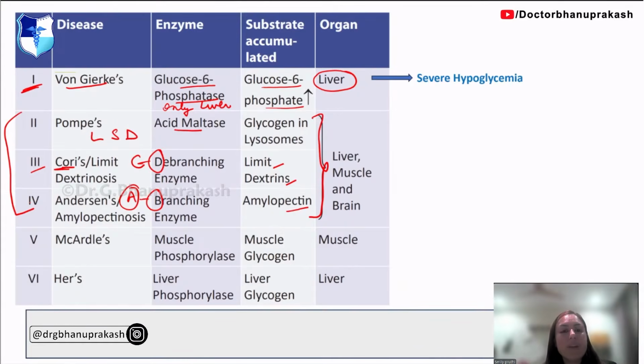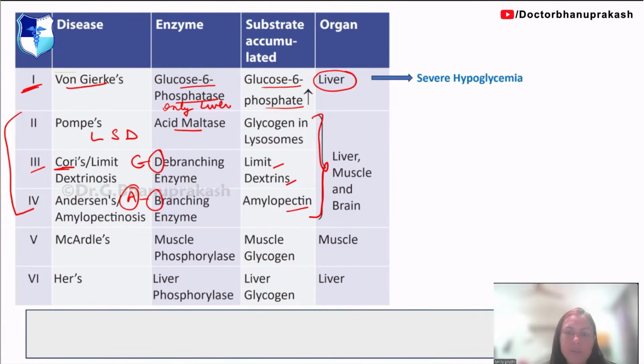If they have given limit dextrins, then Cori's. If they have given amylopectins are found, then Andersen. Very easy differential diagnosis of these three.